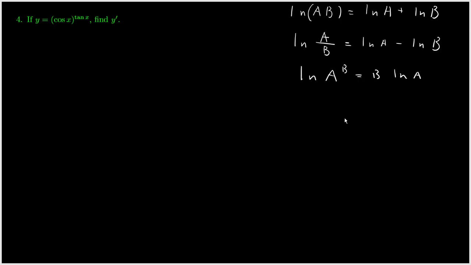Only when the function is in the form u to the power of n, when n is a constant, you can use the power rule, right? That's not the case. At the n location it's tan of x. It's not constant, right? You also cannot use the formula for the exponential function, because to use that formula, the base has to be constant. Now the base is not constant. You cannot use that formula either.